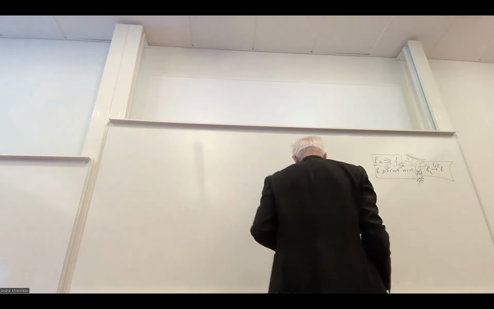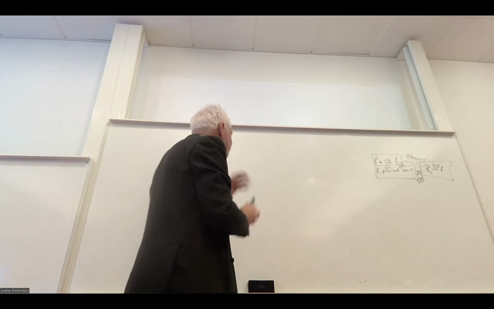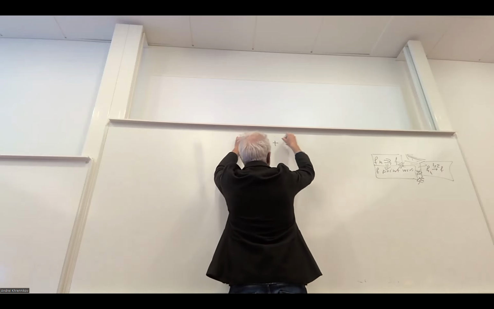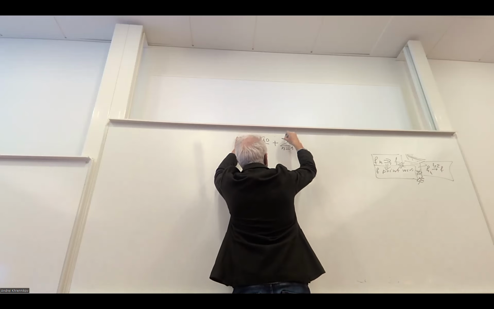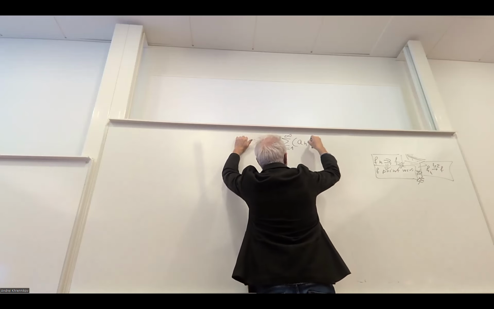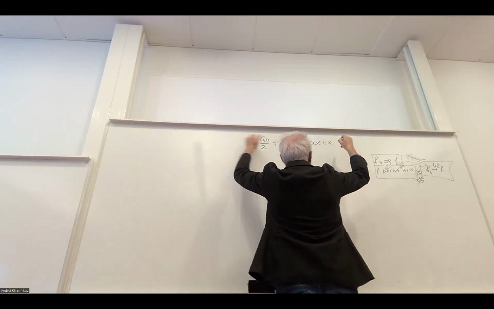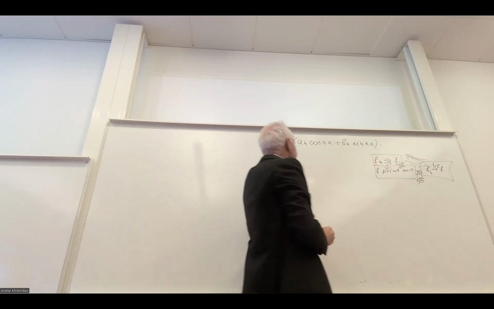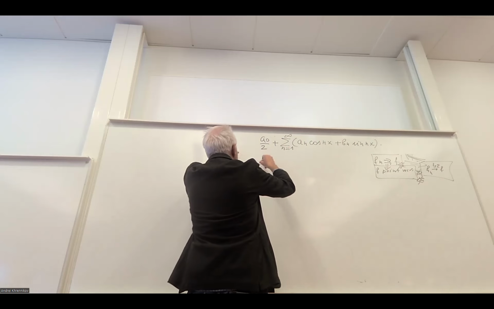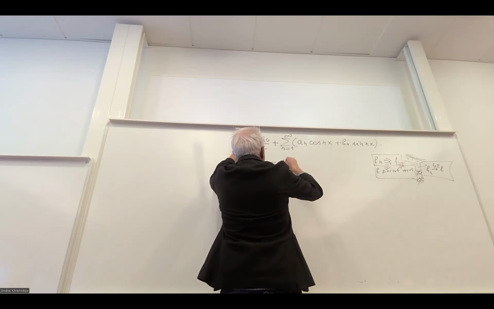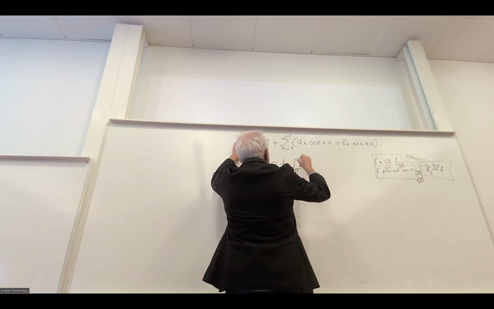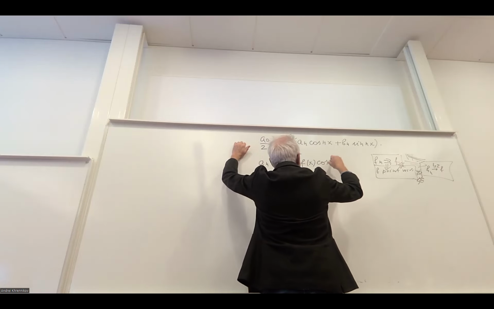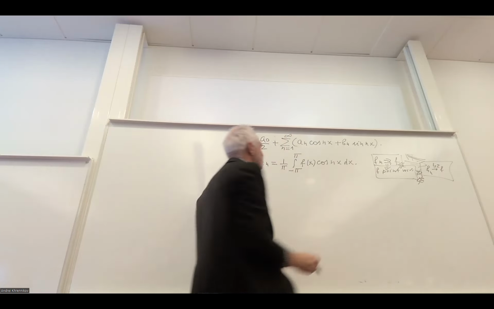So we start with the Fourier series, which has this form: a_0 divided by 2 plus the sum over n from 1 to infinity of a_n cos(nx) plus b_n sin(nx). And the coefficients, for example a_n, are given by 1 over pi, integral from minus pi to pi, of f(x) cos(nx) dx. The same for sine.